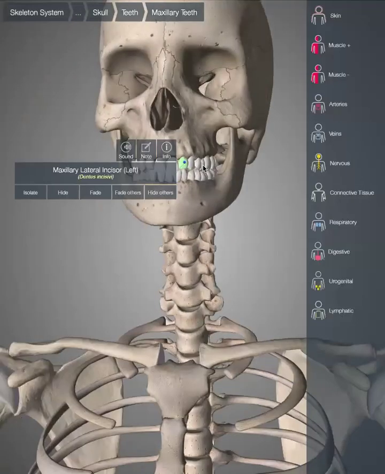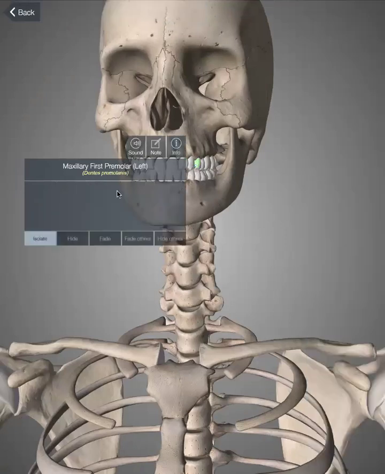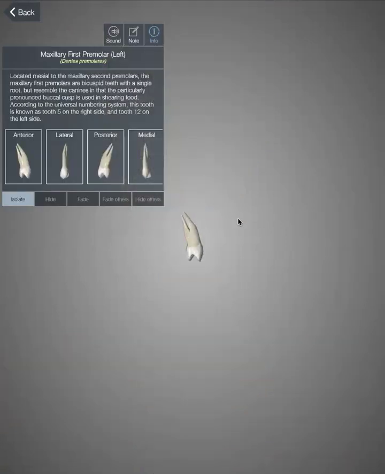Okay, now let's talk about the structure. I'm going to take a premolar. It's divided into two main parts, the crown and the root. This is the root and that's the crown. The one that is visible in the mouth is the crown. The one that is not visible is the root.